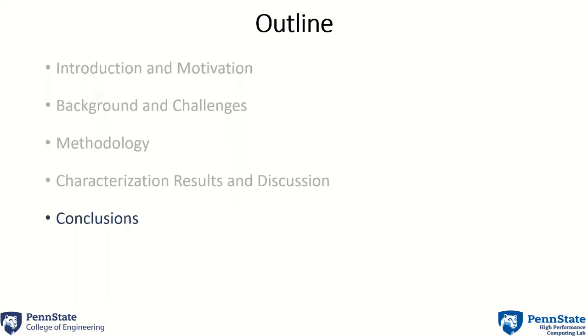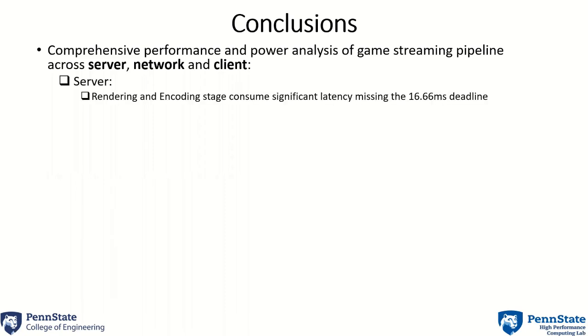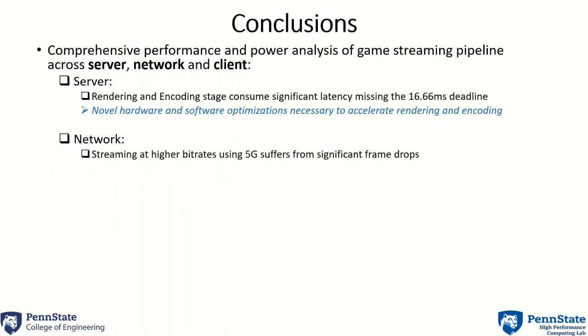Finally, summarizing our observations, we perform a comprehensive performance and power analysis of game streaming pipeline across server, network, and client. At the server, the rendering and encoding stage consumes significant latency, missing the 16.66 millisecond deadline, thus suggesting novel hardware and software optimizations necessary to accelerate these stages.